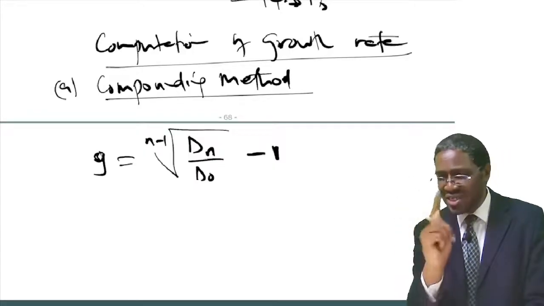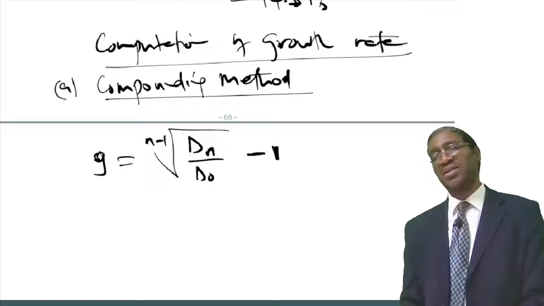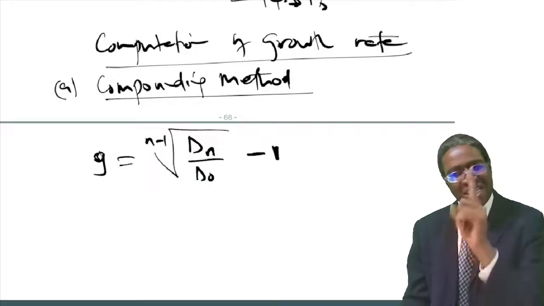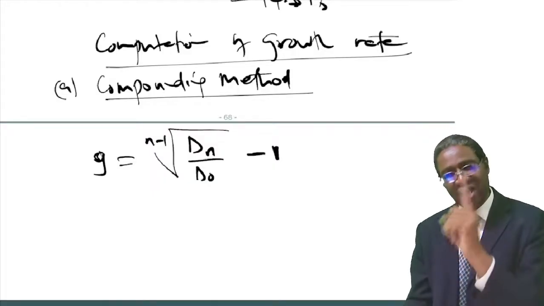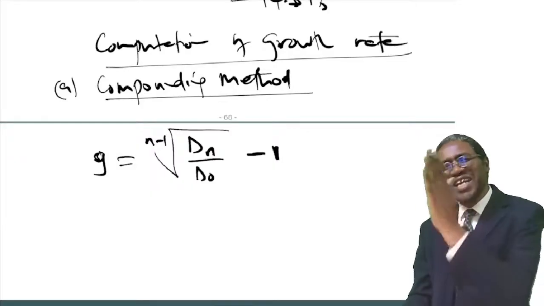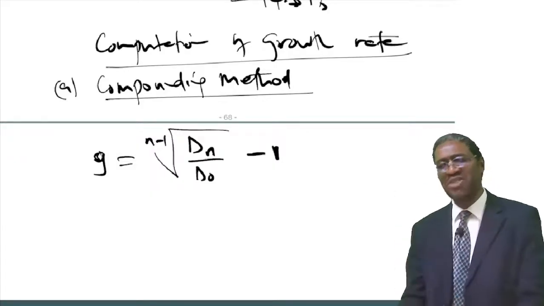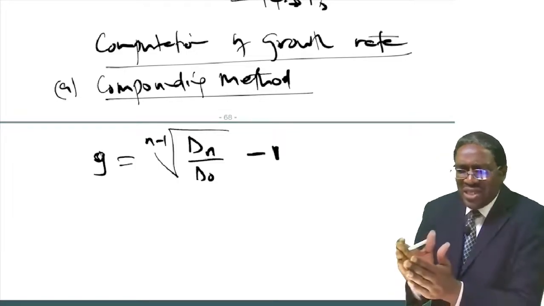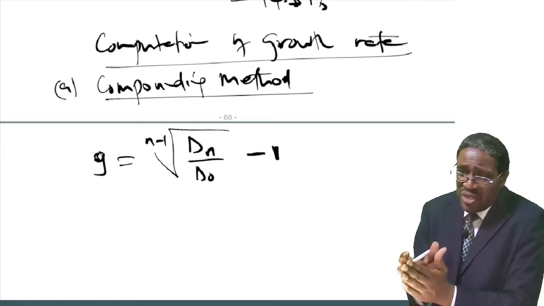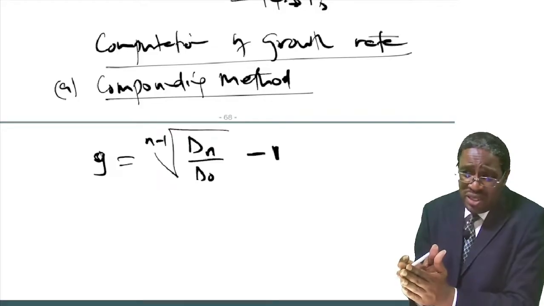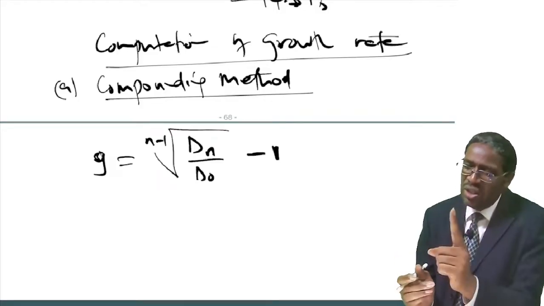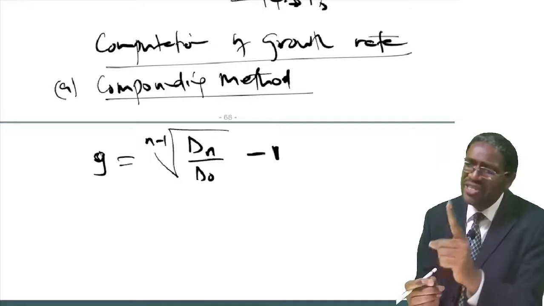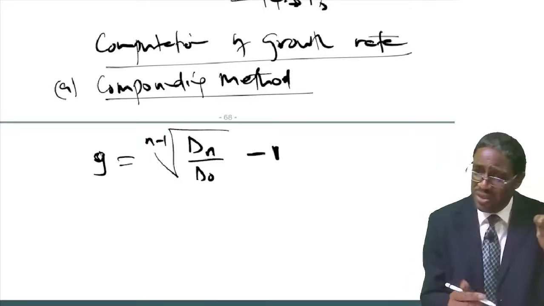Now, Dn represents the latest dividend that has been paid, the most recent dividend. D0 is the first dividend that was paid.